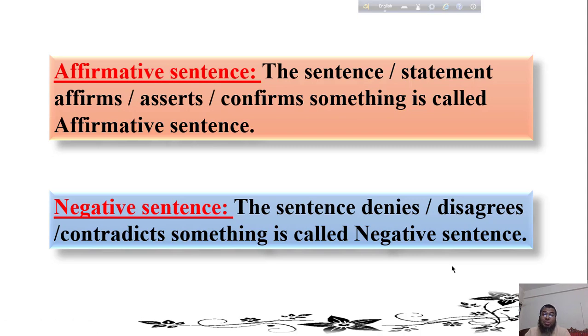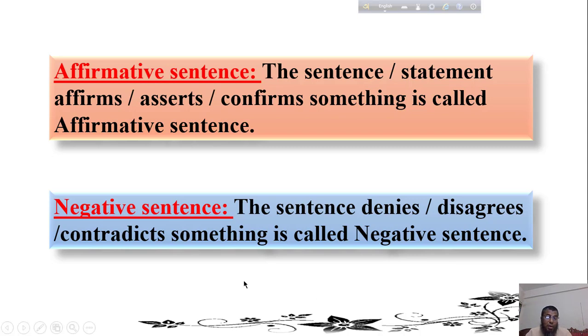So these are just the opposite of each other. One sentence affirms or asserts or confirms, that means agrees with something. All these are the positive sides, and a negative sentence denies, which is just the opposite of affirms; disagrees, the opposite of agrees; and contradicts, the opposite of confirms. So these are the two opposite sentences.